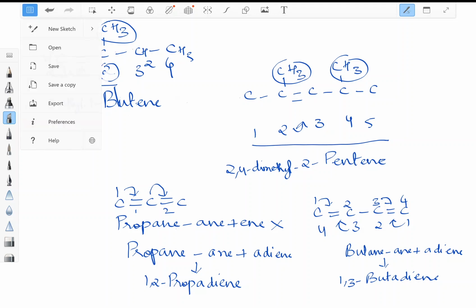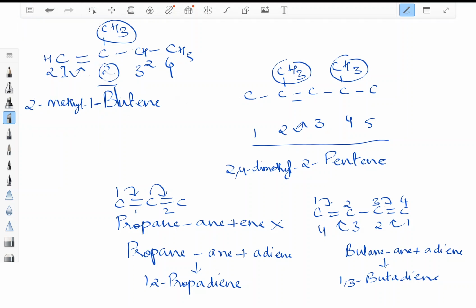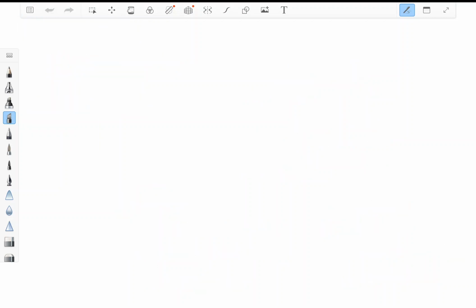There is one more type in IUPAC nomenclature which we'll discuss here, the alkenyl group. Remember, the alkenyl group is equal to the vinyl group.